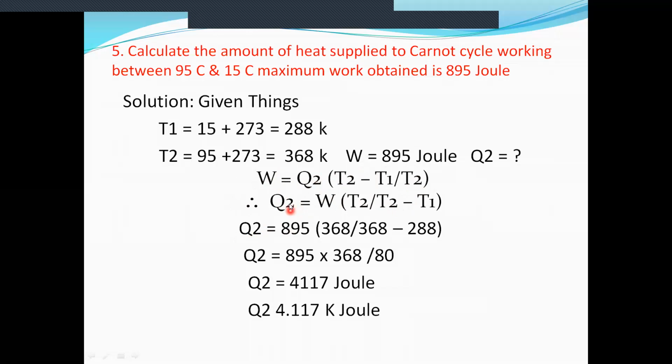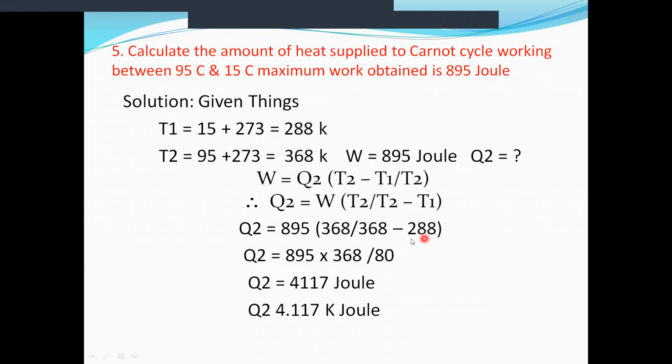Therefore Q2 is equal to, what is the value of W? 895 in bracket. This T2, what is the value of T2? 368 divided by, now T2 minus T1, 368 minus 288. So if you solve this, Q2 is equal to 895 into 368.